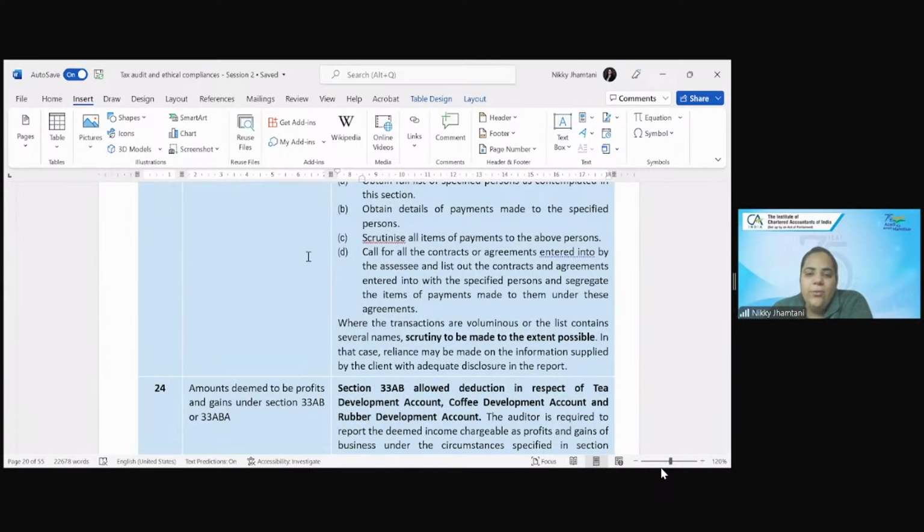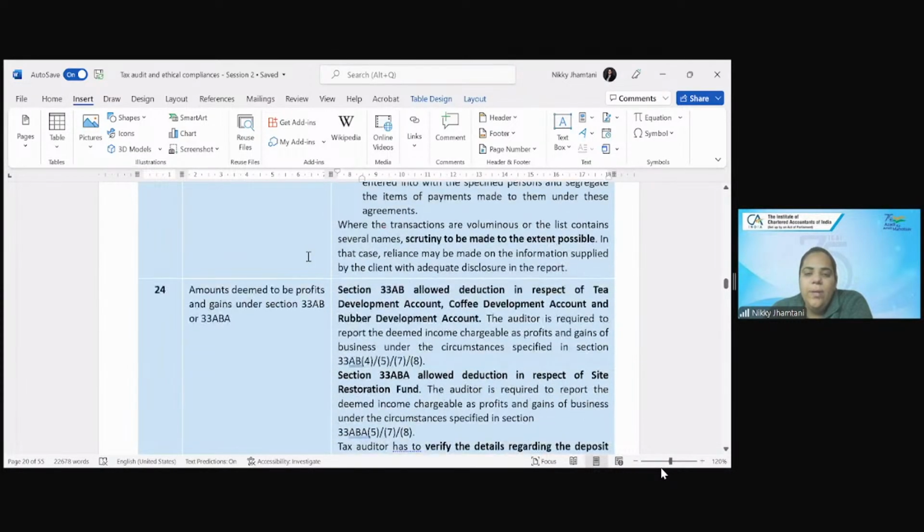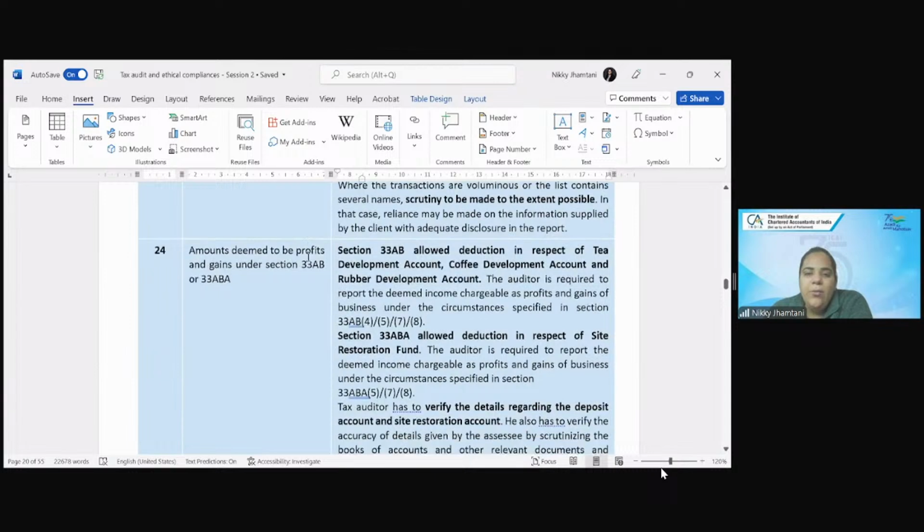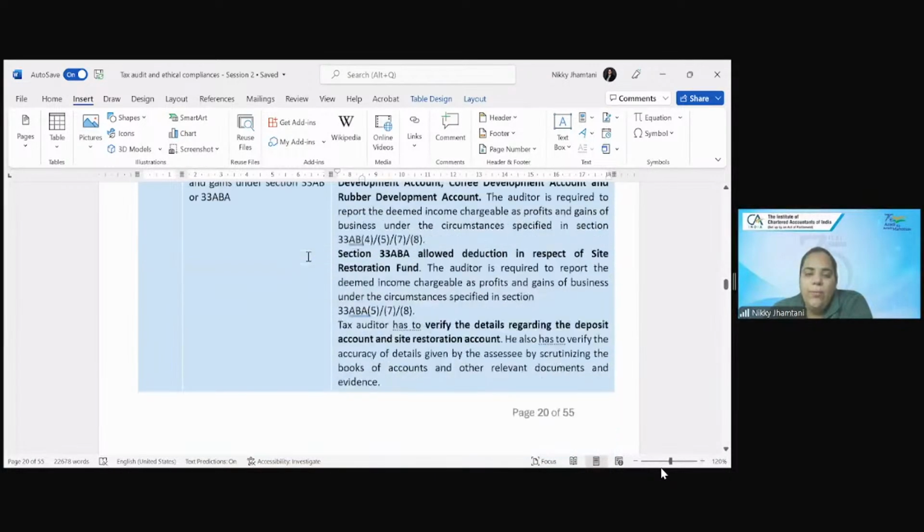Where the transactions are voluminous or the list contains several names, then scrutiny to be made to the extent possible. In this case, reliance may be made on the information supplied by the client with adequate disclosure in the report.